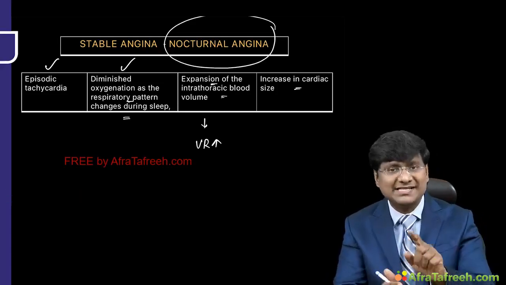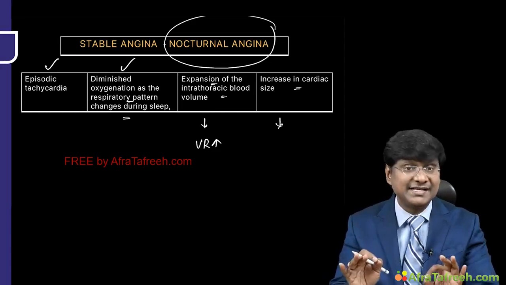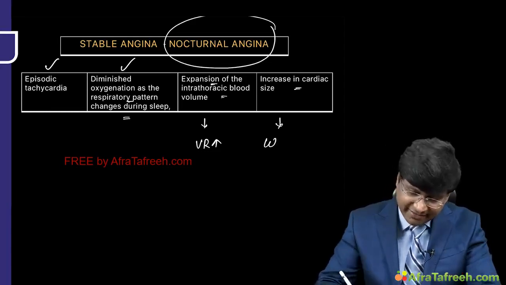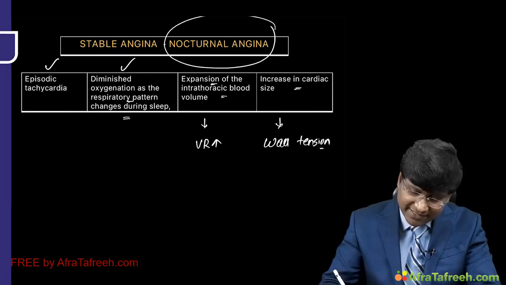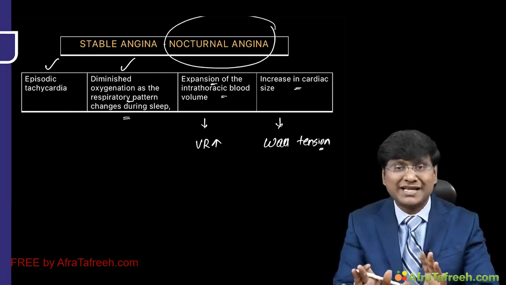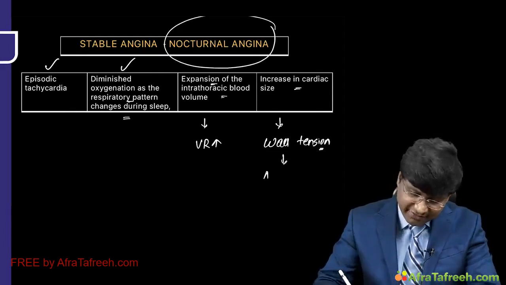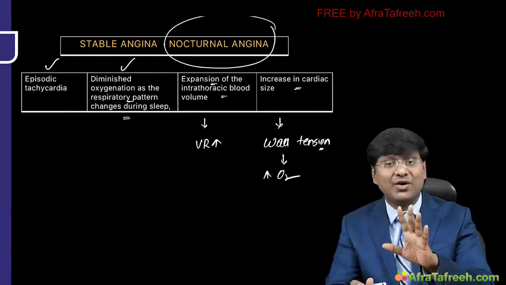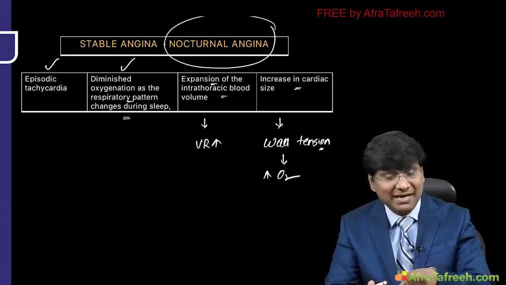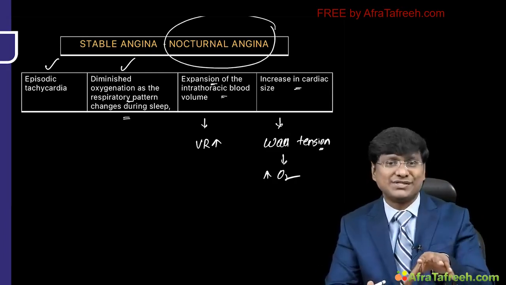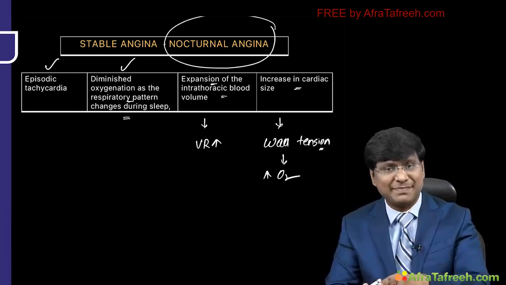Okay. Once there is increase in the cardiac size, remember, there will be development of wall tension, which the patient with ischemic heart disease cannot bear. Once there is wall tension, there will be increase in the myocardial oxygen demand, but there is atherosclerosis. Demand is more, supply is less.